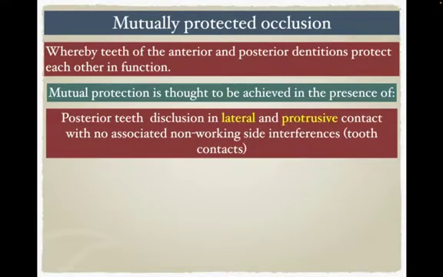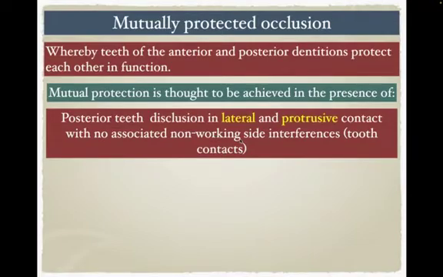First, the posterior teeth will disocclude in the lateral and protrusive movements, and that will be due to the anterior teeth, what we call the anterior guidance. During the protrusive movement we have a disocclusion of the posterior teeth. In the lateral movement we have a canine guidance, which will cause disocclusion of the teeth. However, this should be associated with no contact on the non-working side.